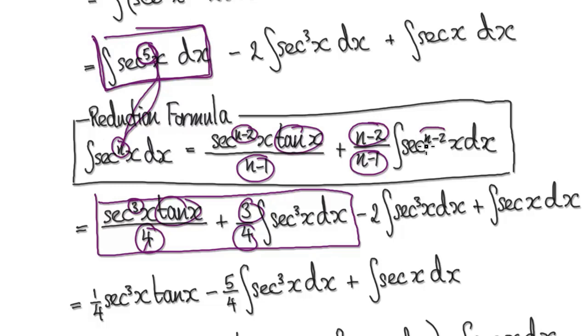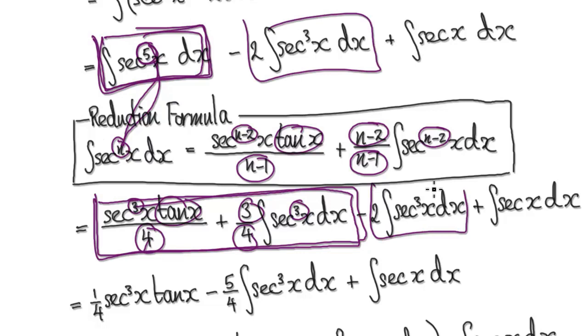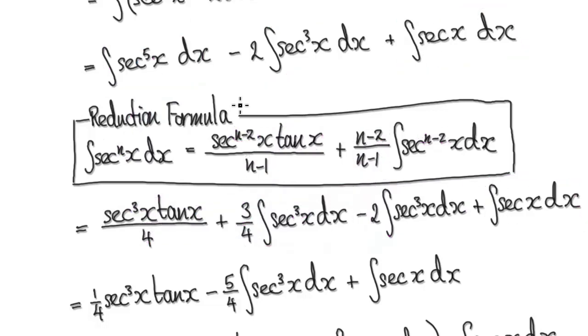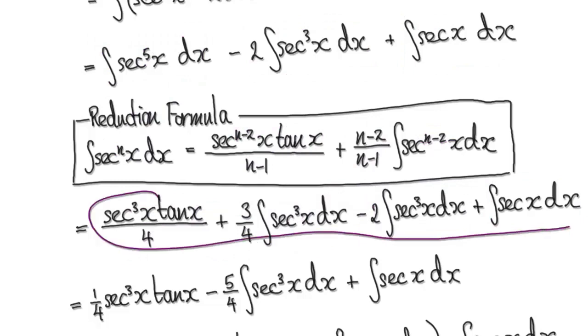And then 5 take away 2 would be 3. Well, the point here is that this thing here will then become this. So now this block here is this, and this here is this. So using the reduction formula, that will then take us to here.